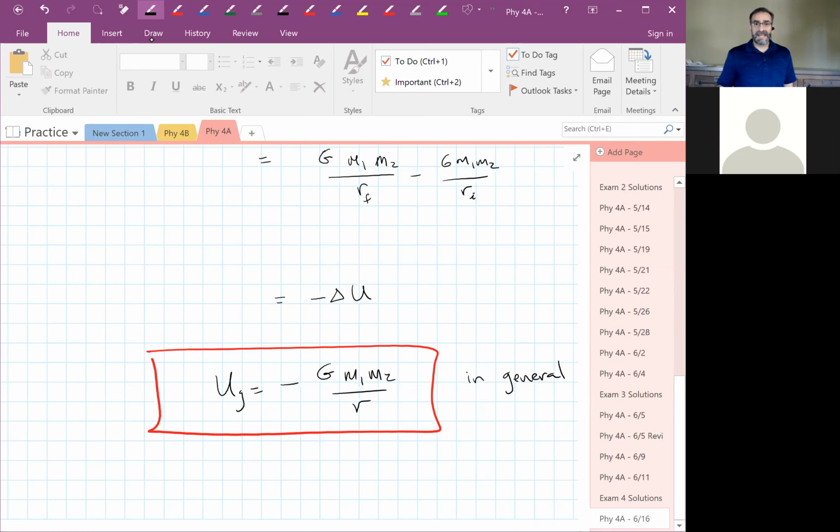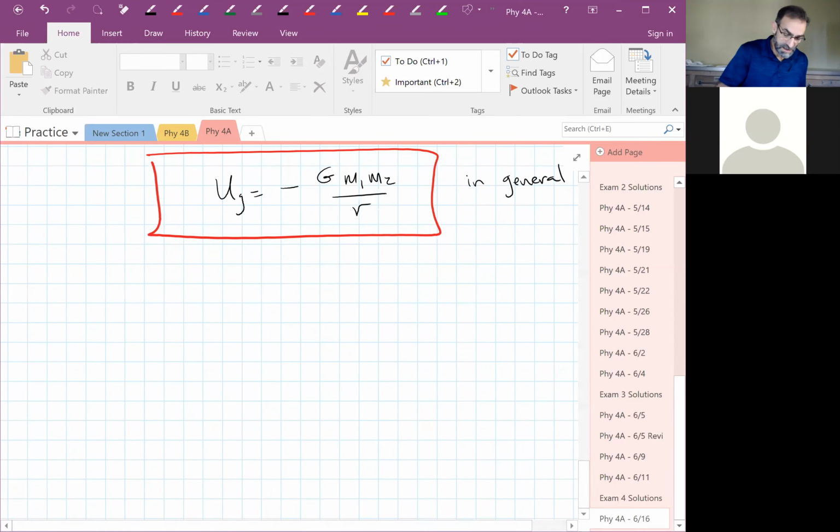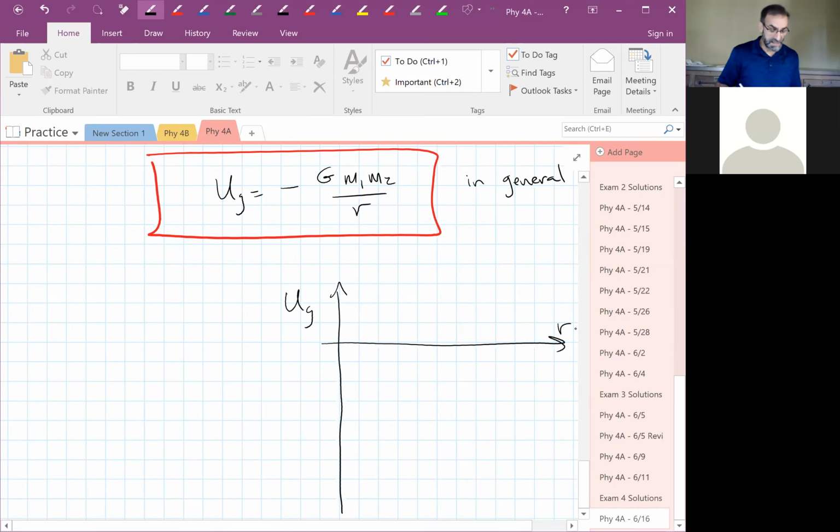All right, does it make sense? Let's think about it for a minute. Do we need that minus sign? What's going on here? Does it make sense? Let's just plot what this looks like. If we plot U_G versus distance, what does a negative 1 over R look like? It looks like this.